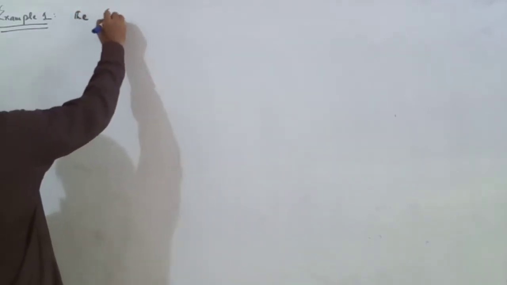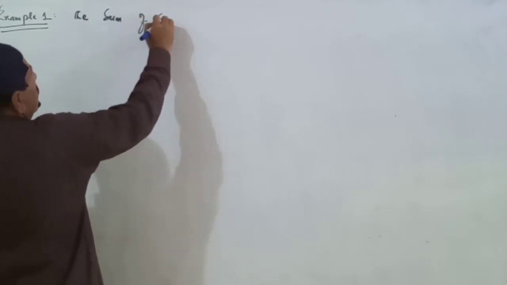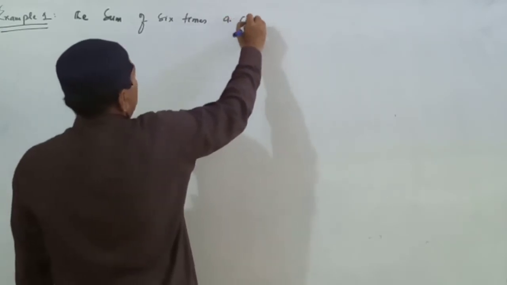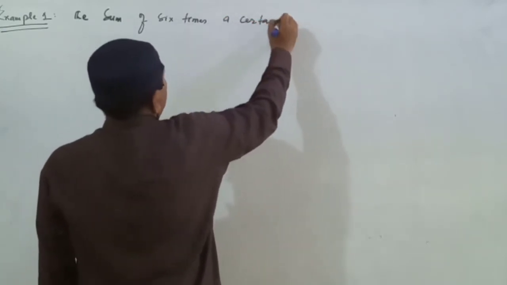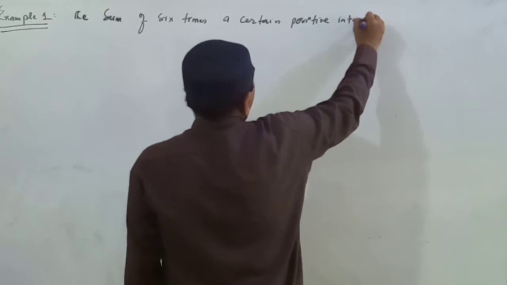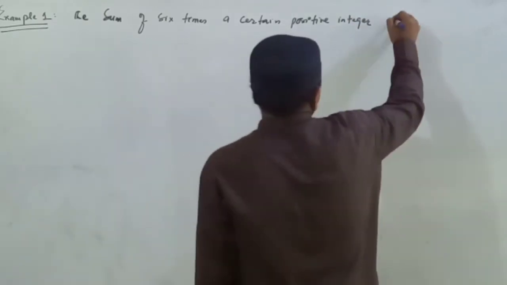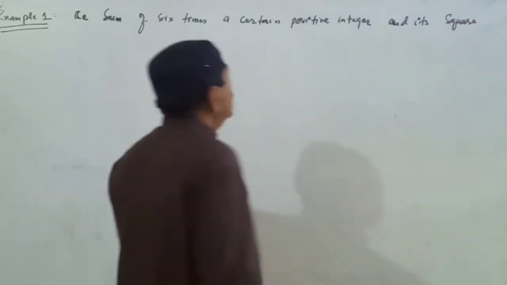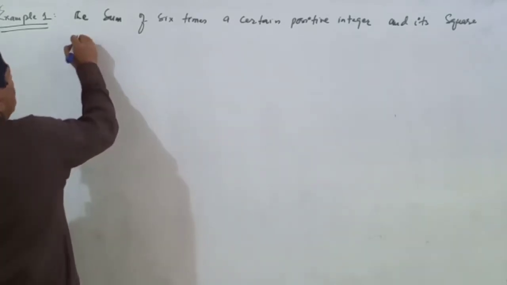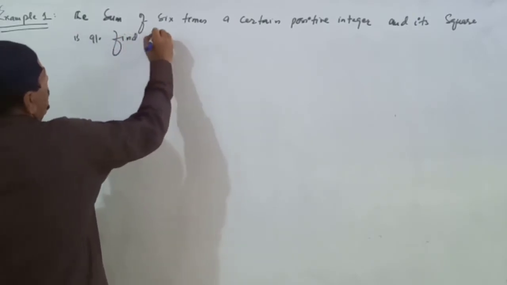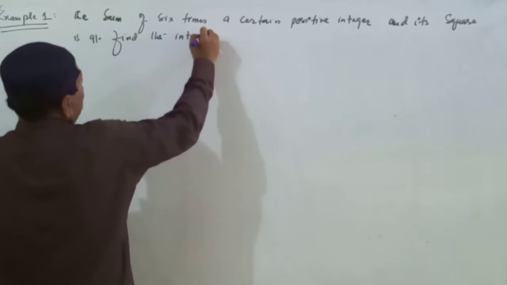The sum of 6 times a certain positive integer and its square is 91. Find the integer.